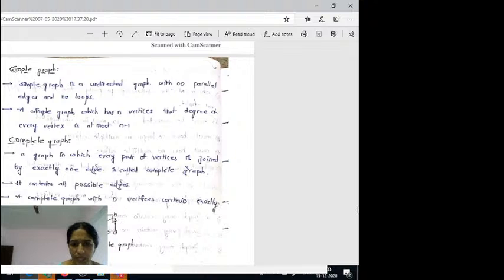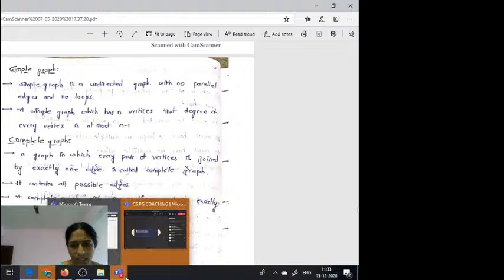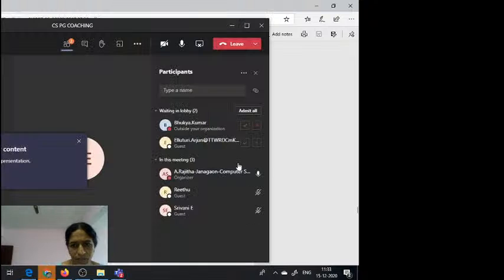That means A to B edge is there, A to D edge is there, and A to C edge is also there. Suppose you take this C, all remaining 3 vertices are adjacent to C. Adjacent means what? There is an edge between 2 vertices. Then we can say that those vertices are adjacent to each other.